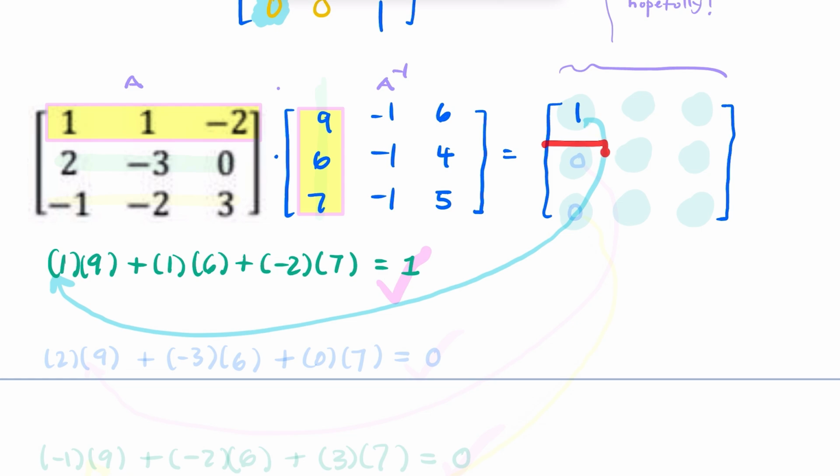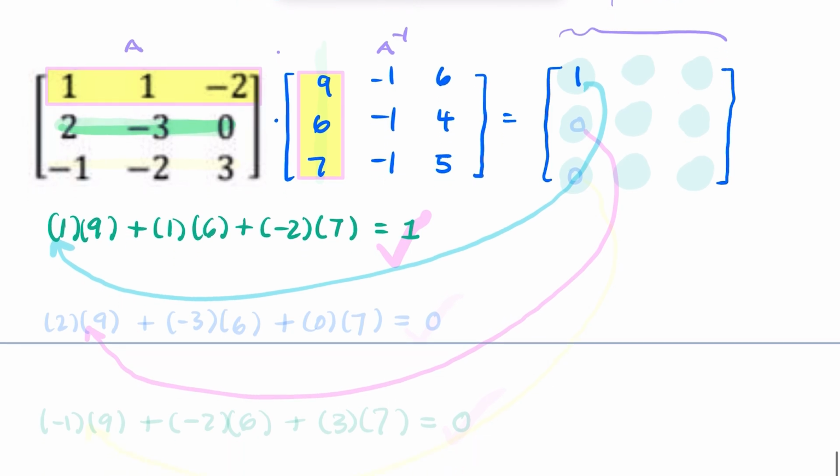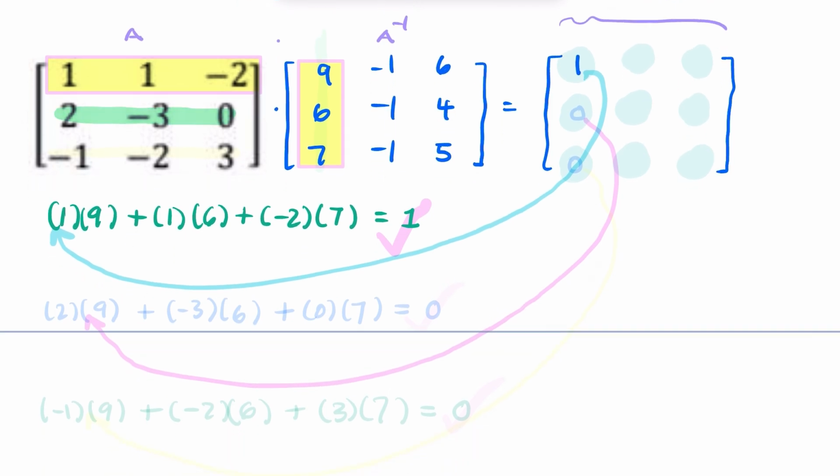Let's look at the next cell, this one here. And again, we're going to multiply the second row times the second column. So we're going to multiply these cells. I'll just put them in a different color. There. And again, it'll be multiplied by this same column.